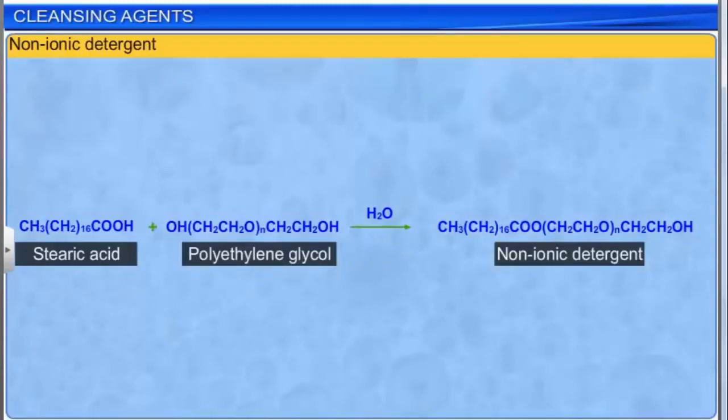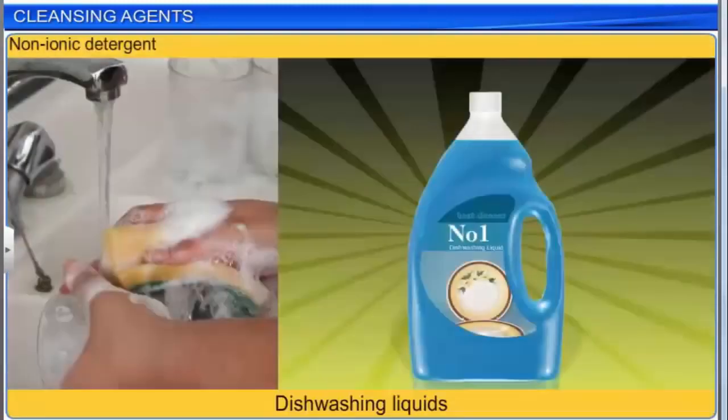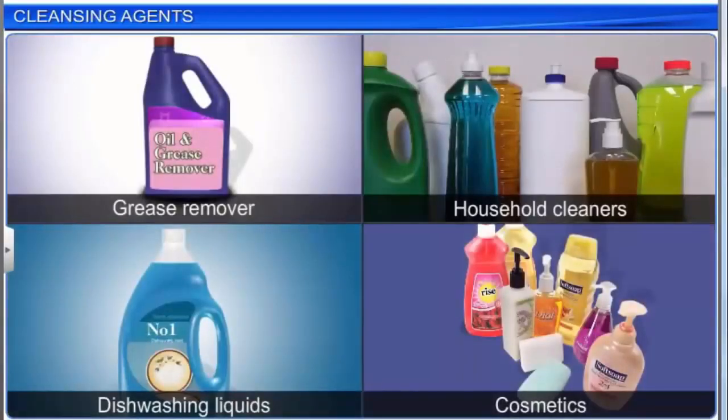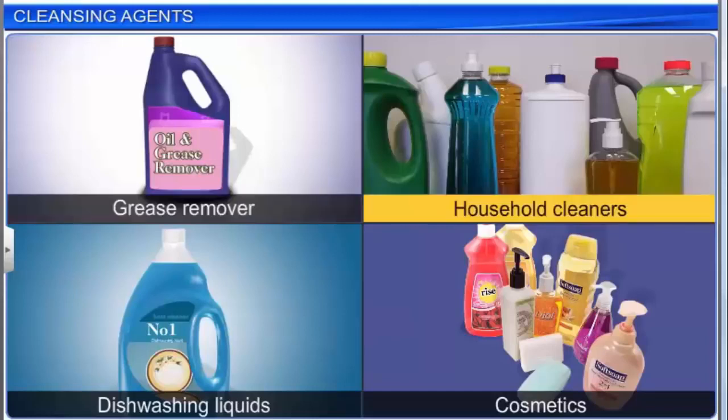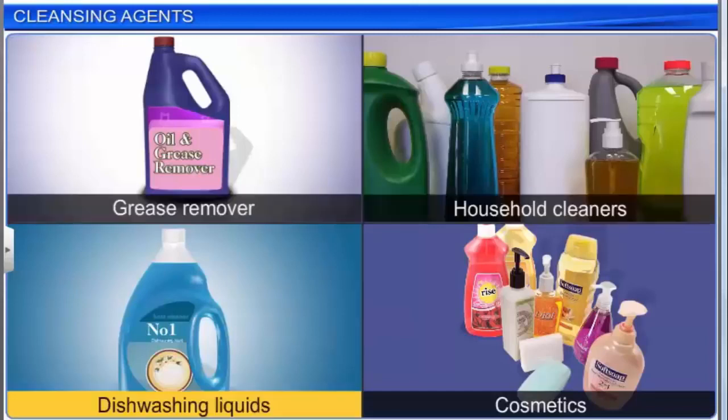The liquid dishwashing detergents that we use are of the non-ionic type. Their mechanism of action is the same as that of soaps. Non-ionic detergents are excellent grease removers that are used in laundry products, household cleaners, dishwashing liquids, and even cosmetics.